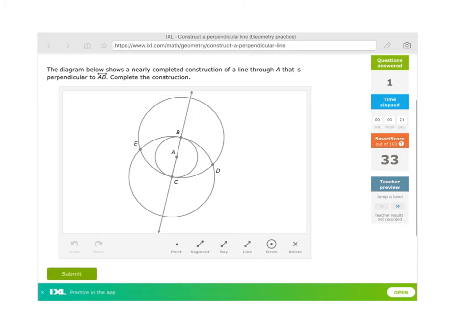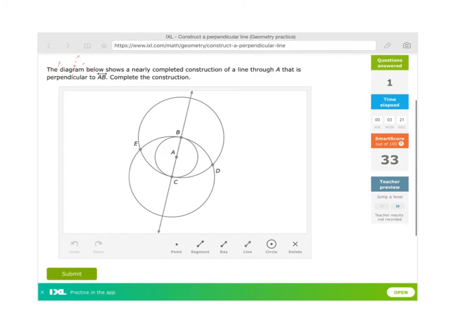Obviously, this is A as center, and AB or AC is the radius, so that's this circle, right? Then let's try the other ones. This one is center B and radius BC, so we get this. And then this is center C and radius BC again, so we get E and D, and A is the midpoint, right?